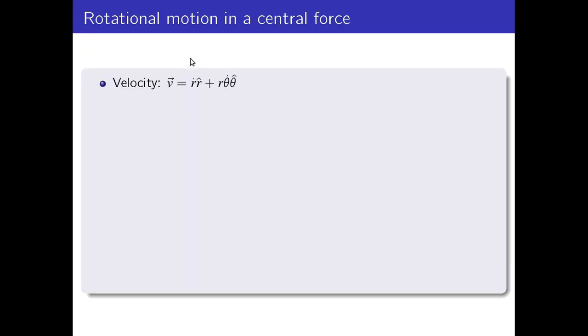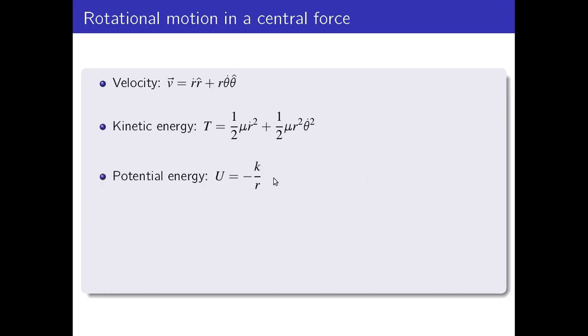We have obtained the velocity vector in this form, and by using T is equal to 1 over 2 mu v square, we can obtain the kinetic energy as 1 over 2 mu r dot square plus 1 over 2 mu r square theta dot square. And we have already mentioned that the potential energy is equal to minus k over r. Then we can write the Lagrangian by using this relation as 1 over 2 mu r dot square plus 1 over 2 mu r square theta dot square plus k over r.